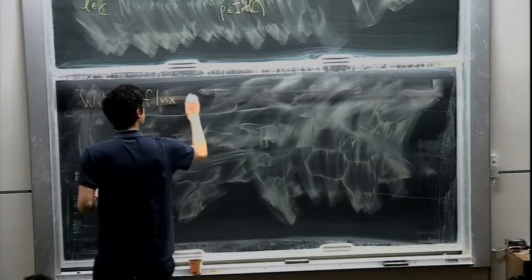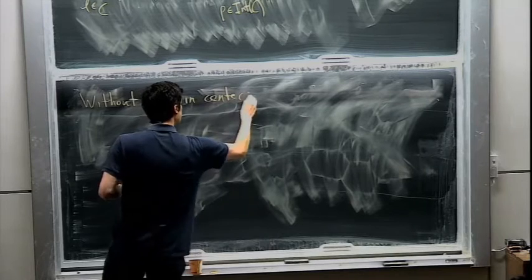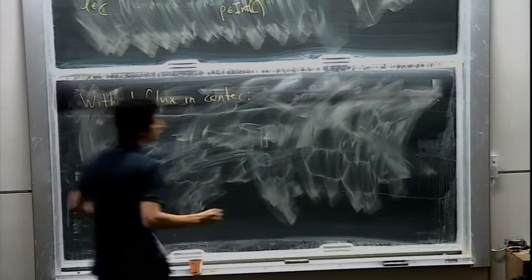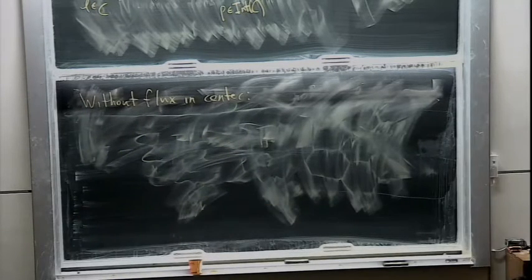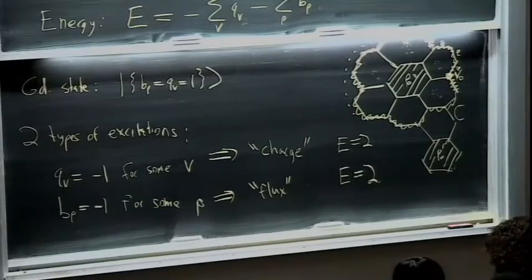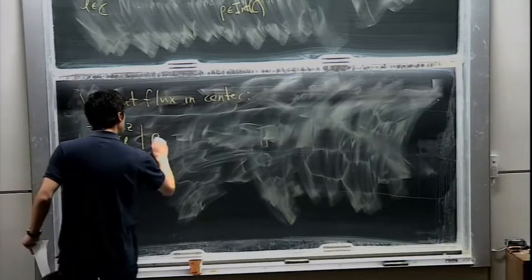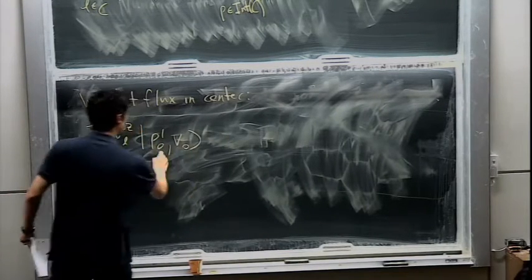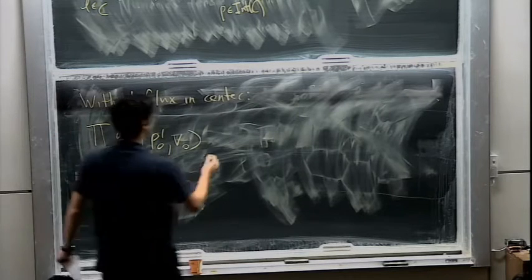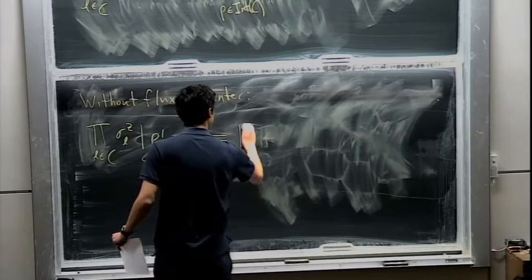So without the flux in the center, to be clear, I'm going to put the flux somewhere else. Instead of being in the center, I'm going to put it on some other plaquette, say down here, P naught prime. So if you do the same calculation for that initial state, you take the product of sigma z along the curve and apply it to P naught prime V naught, where the flux is no longer in the center, and you follow through the same calculation, you can use the same identity.